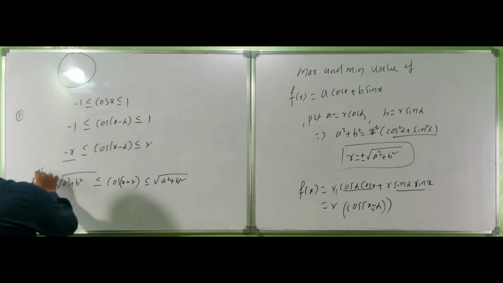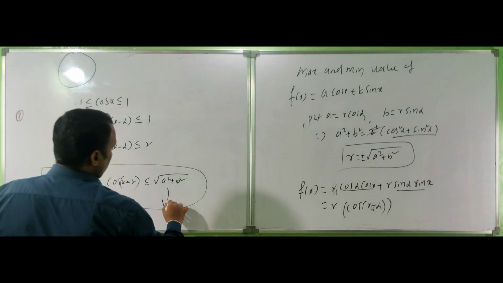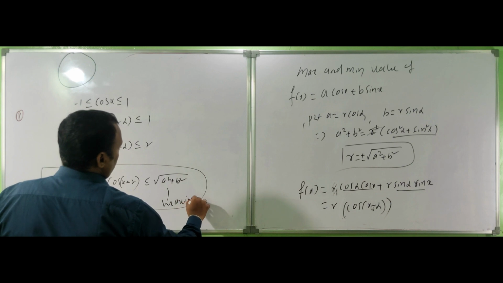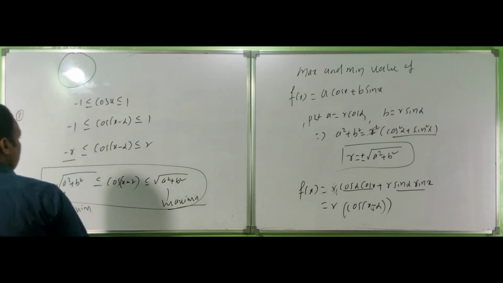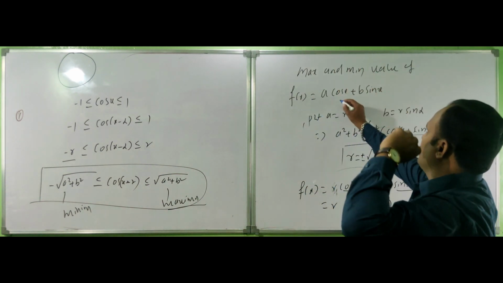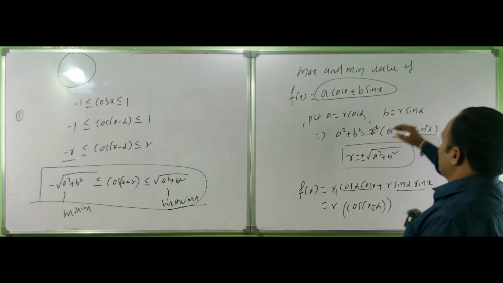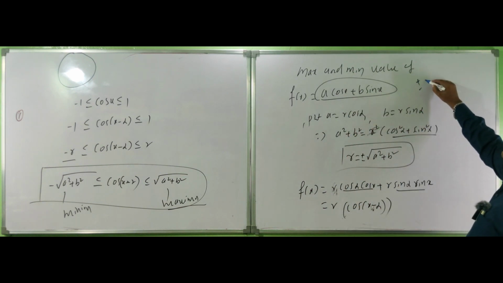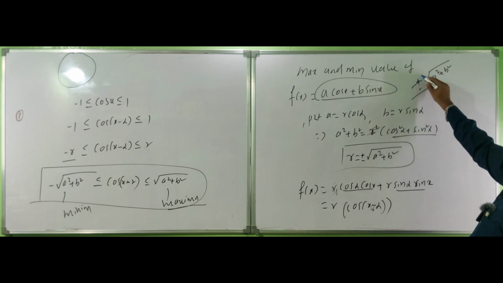This is the minimum value and this is the maximum value for the corresponding expression a cos x plus b sin x. Plus is maximum, minus is minimum.